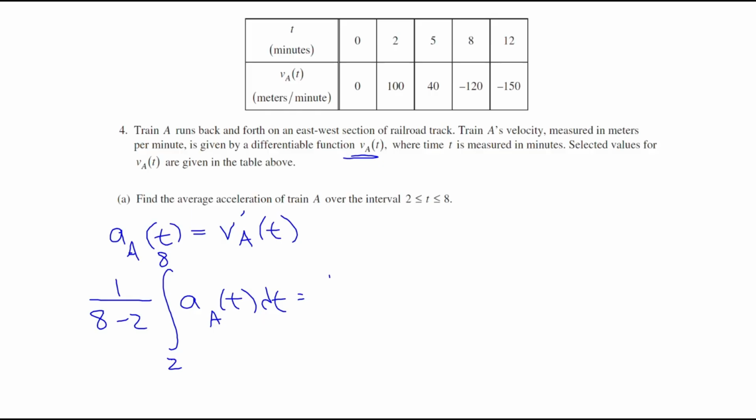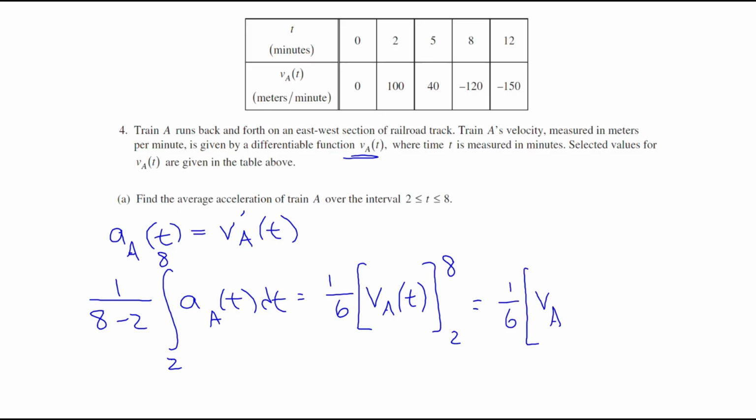Well, that would be 1/6 of the integral of that a sub a, which is just going to be v sub a of t from 2 to 8, or it's 1/6 of v sub a of 8 minus v sub a of 2.